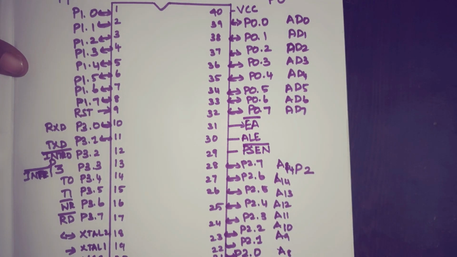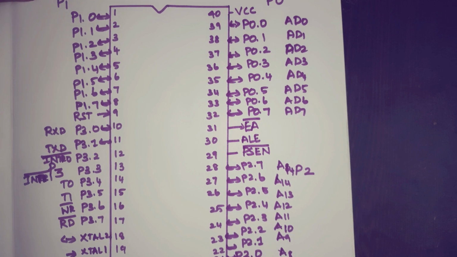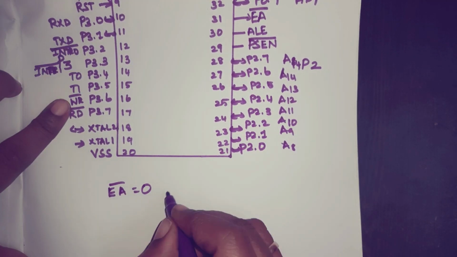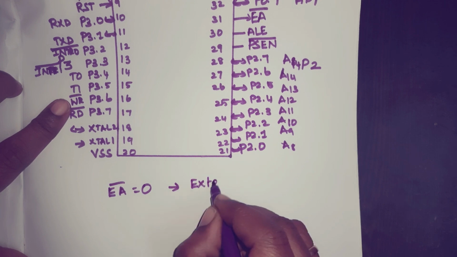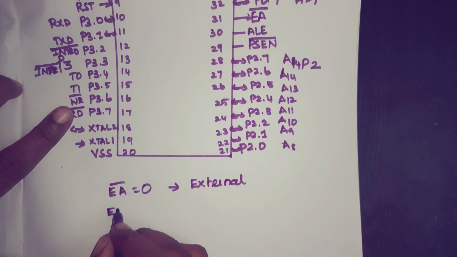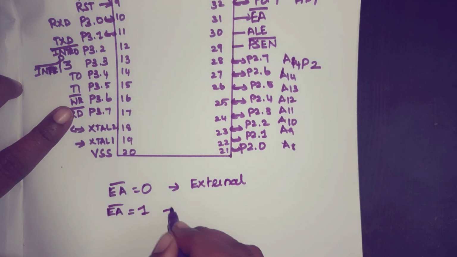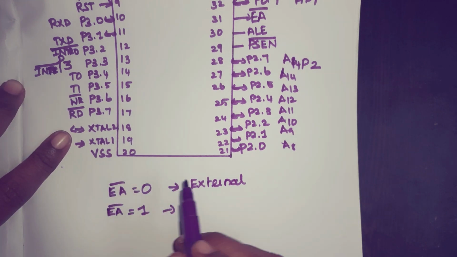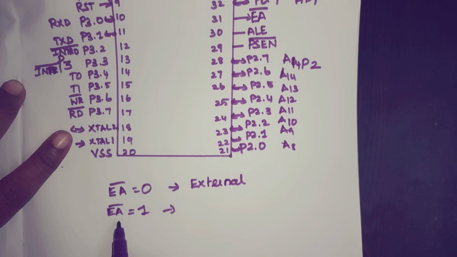If the EA pin is 0, we are using the external memory, that is, your program code is stored in the external memory. If the EA pin is 1, then our program is stored in the internal memory, and your 8051 has 4 kilobytes of internal read-only memory that will be used as program memory. For this case, EA bar is equal to 1.